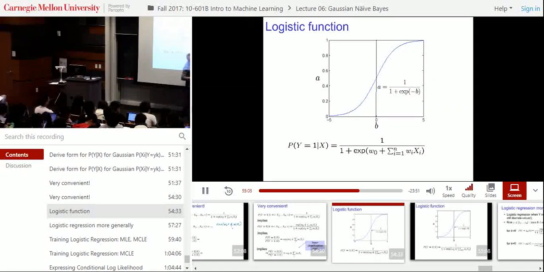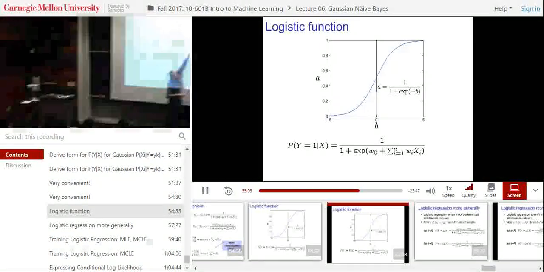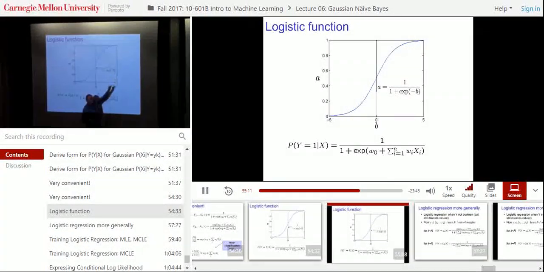If b gets bigger, then I have 1 over 1 plus something that's e to the minus something. As it approaches infinity, that becomes e to the minus infinity, which is like 0. So then I end up with 1 over 1 asymptotically. And over here I end up with 0.